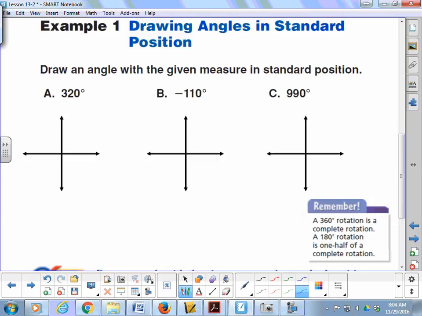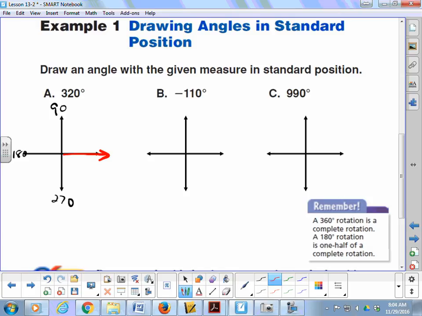Okay, so we have a positive 320 degrees here. Now the one thing to understand is that this is 90, 180, 270, okay, and then all the way around would be 360 degrees. So our initial side goes on the positive x-axis, and this is going to terminate at 320 degrees.